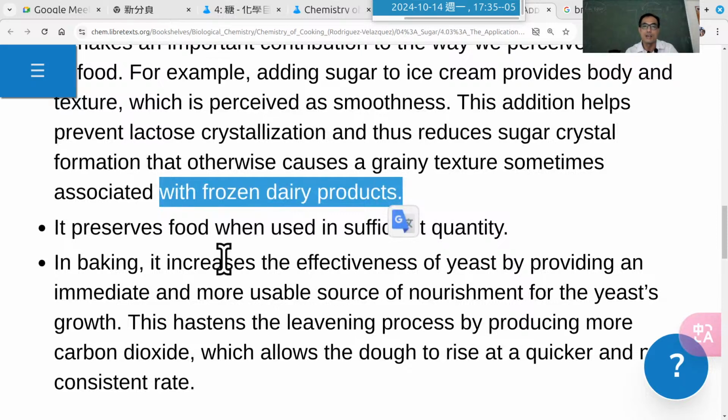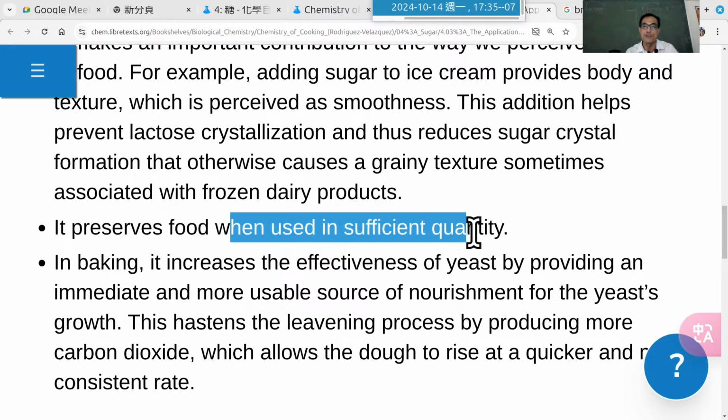And it preserves food when used in sufficient quantity. Okay, again, it preserves food when used in sufficient quantity. Okay, I have a question. I think I can have a short break here.